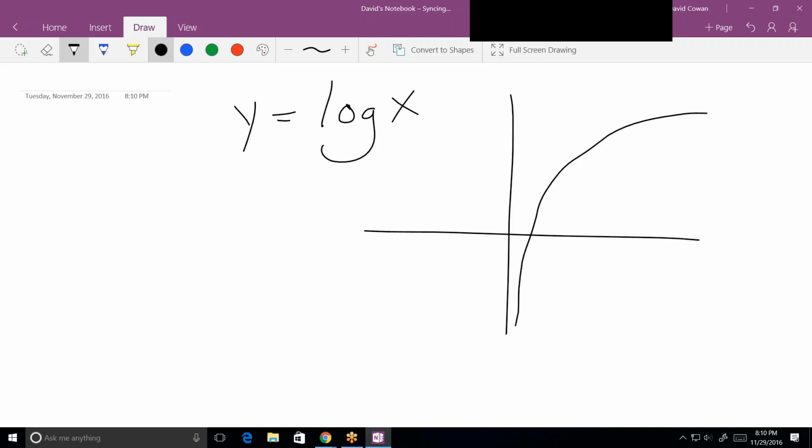Looks like that. And the vertical asymptote is x equals 0. Because x can never be 0. You cannot take the log of 0. So vertical asymptotes tend to boil down to if x can't be 0, or if the argument can't be 0, then that creates a vertical asymptote.